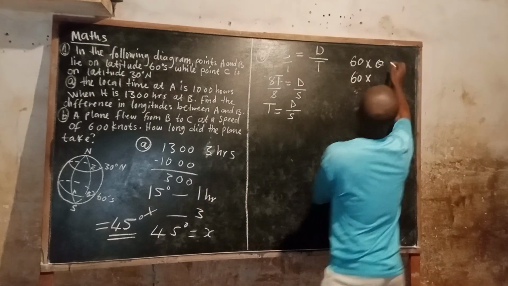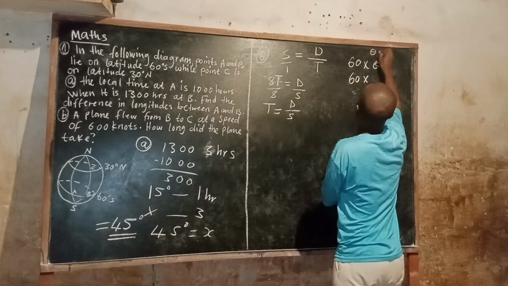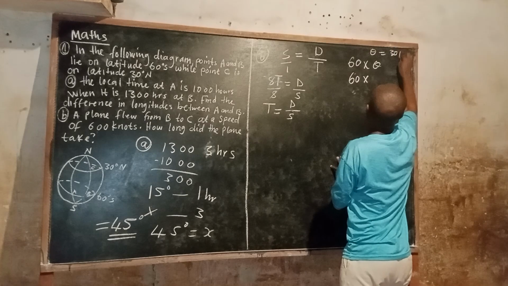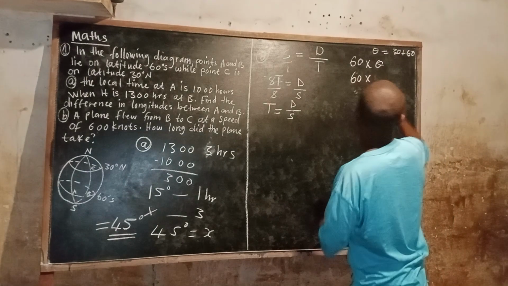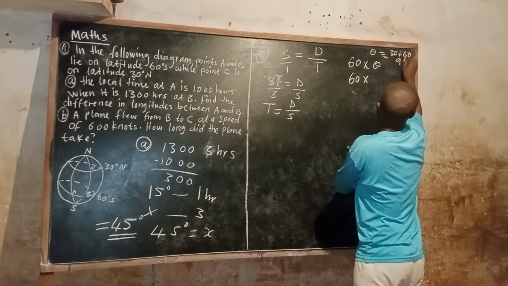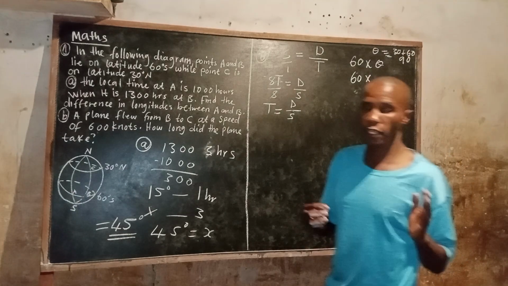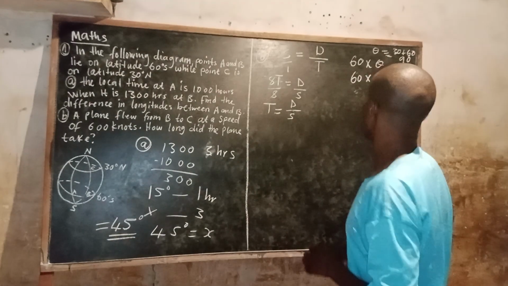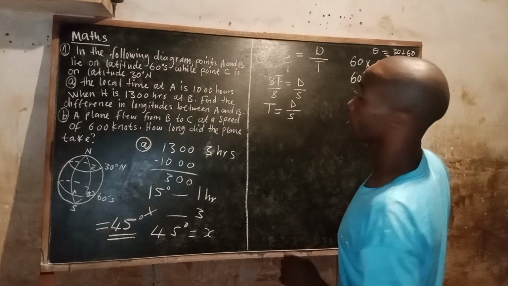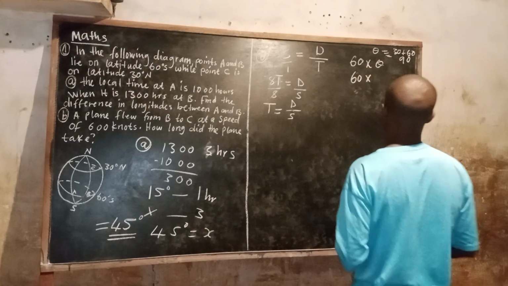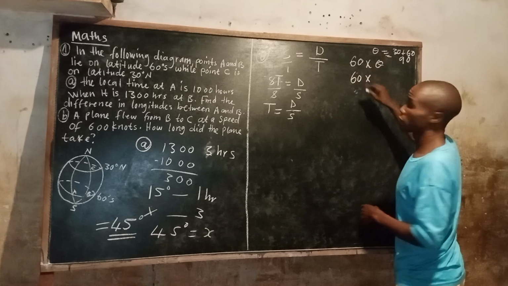So our theta is equals to 30 plus 60, not times but plus, and the answer is going to be what? 90. So first of all, you should know the difference between those 2 points. So the difference between C and B in degrees is 90 degrees. Okay, so it's the one that we are going to put where there is theta.